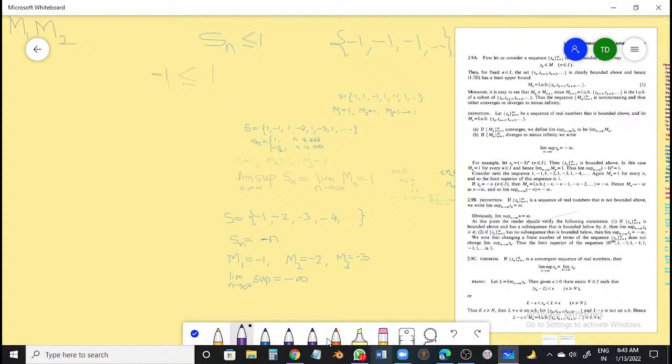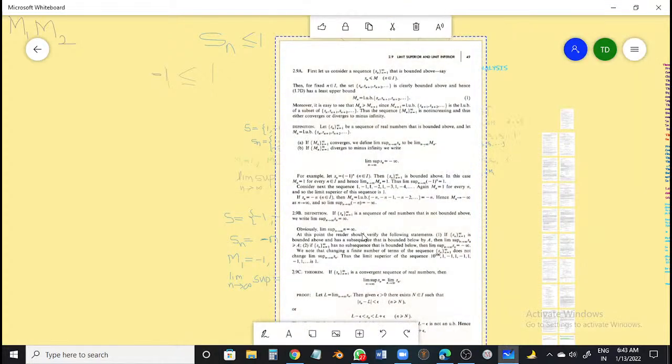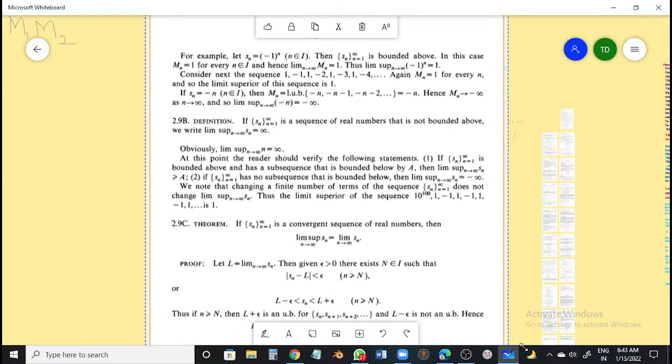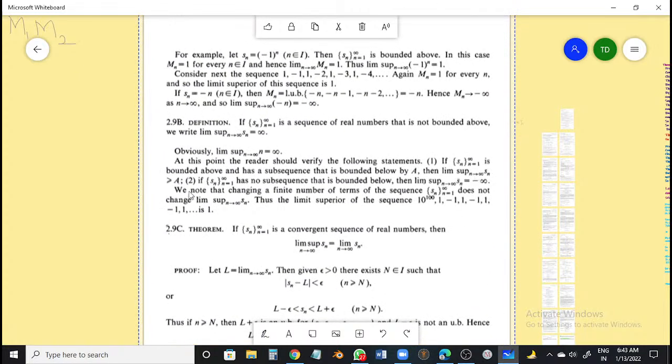So what we have seen: if Sn is a sequence that is bounded above and has a subsequence that is bounded below by A, then the limit superior will always be greater than or equal to A. And second, if Sn has no subsequence that is bounded below, then the limit superior will be minus infinity. So these are the two things we have to take care of.